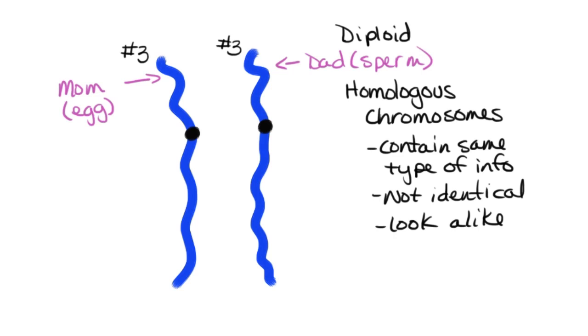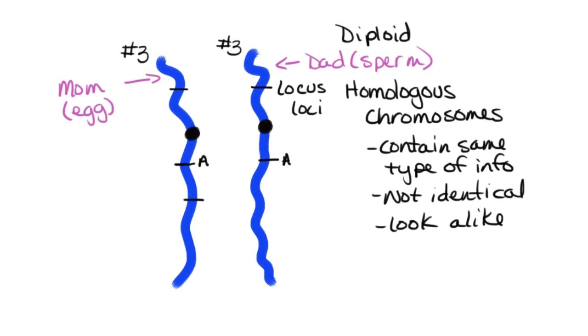So when we look at these chromosomes, they are going to have what are called the same loci. And locus would be singular, loci would be plural. But we're going to have the same type of information located on these. So for example, if this is information for making protein A within our cells, both of these chromosome number 3s are going to have information for protein A located right there.